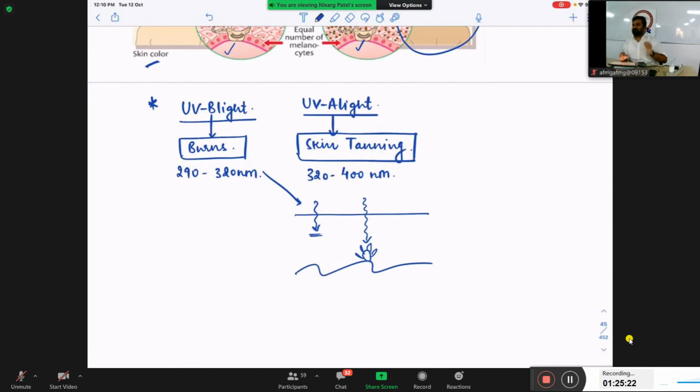They will develop skin burn. But we Indians will not develop skin burn. What we will develop is skin tanning. The reason is we have protection against skin burn. We have a melanin layer. But because of this, we will stimulate our melanocyte very quickly, and very quickly we will develop skin tanning.